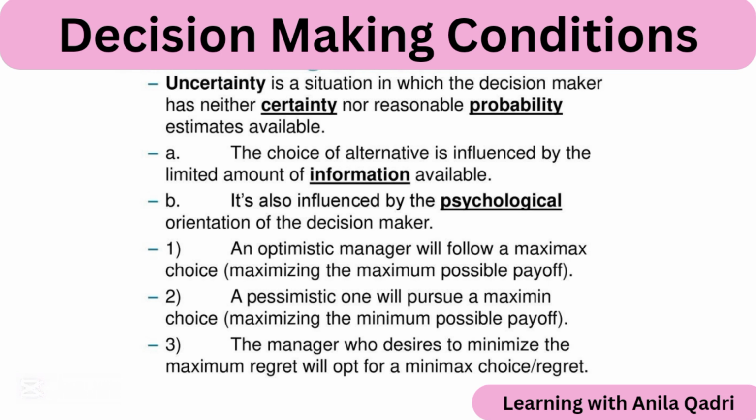An optimistic manager will follow a maximax choice, maximizing the maximum possible payoffs. A pessimistic manager will pursue a maximin choice, maximizing the minimum possible payoffs. The manager who desires to minimize the maximum regret will opt for a minimax choice, or regret.